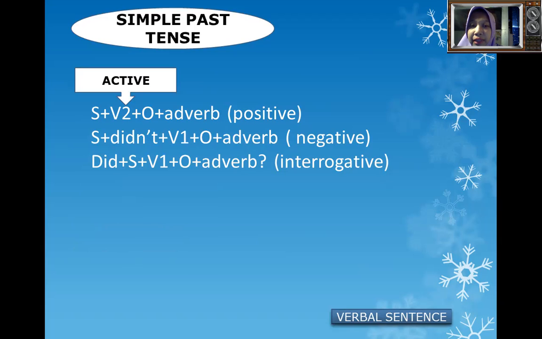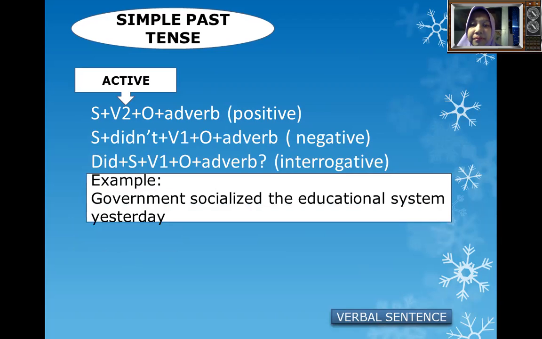While for interrogative, did plus subject plus verb 1 plus object plus adverb and question mark. Okay, here is the example: Government socialized the educational system yesterday. If we identify the words in this sentence one by one, government is subject, socialized is verb 2, the educational system is object, while adverb is yesterday.